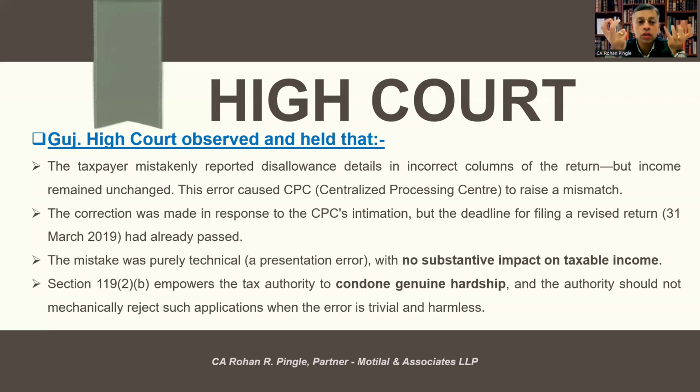The mistake was purely technical, a presentation error with no substantive impact on taxable income. Section 119 subsection 2 clause B empowers the tax authority to condone genuine hardship, and the authority should not mechanically reject the application when the error is trivial and harmless.